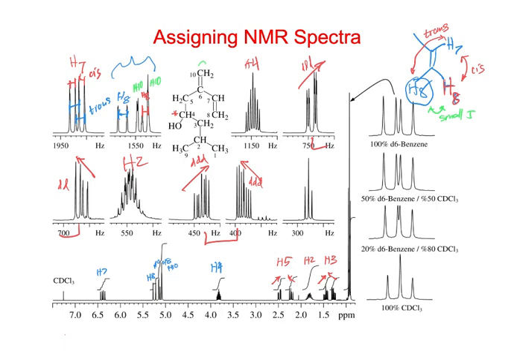And they couple to H4, that's a doublet, and to H2, that's a doublet. So a doublet of doublet of doublets. No way. You can see those, well, you can see it on that sample. On my samples, no. Right.